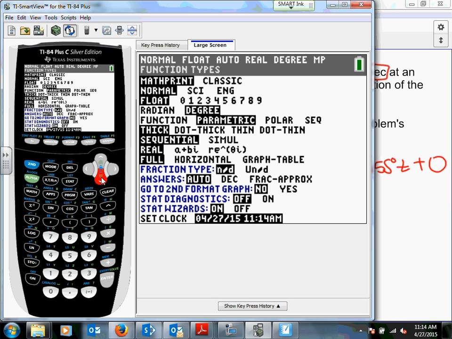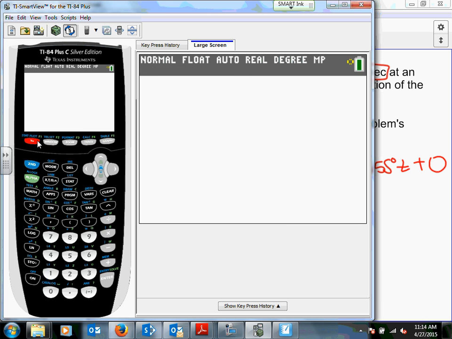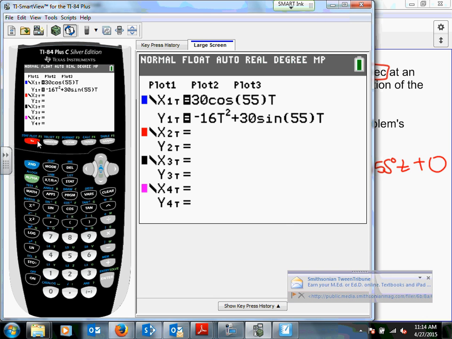We can actually change it to parametric mode. Which means when you press y equals, you're going to have an x equals and a y equals, so you can punch in our set of parametric equations. You turn from polar to parametric. If it's not spelled out parametric, it's PAR. So degrees and parametric, and then type in your two equations.